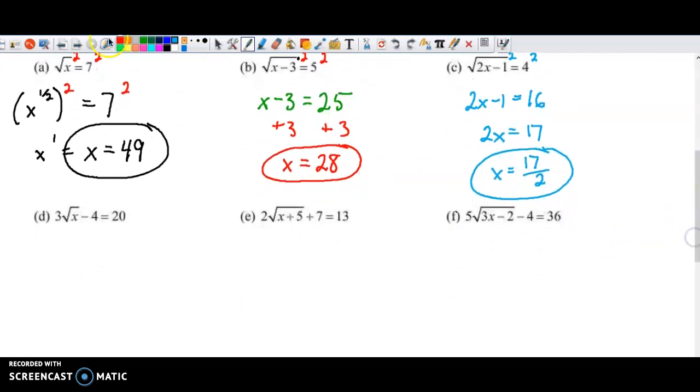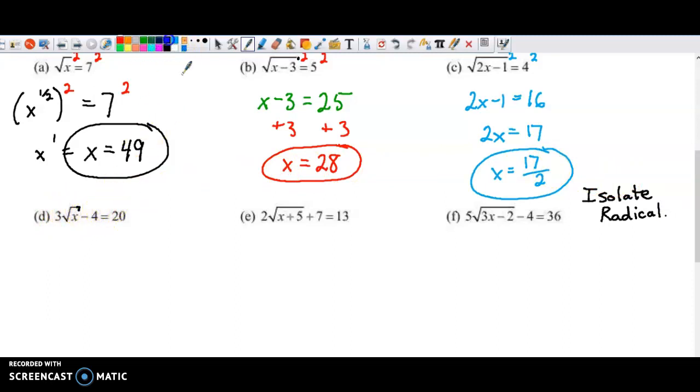Now the next bit is more complicated, and I use the phrase that you want to isolate the square root. Sometimes I use the phrase isolate the radical, because that's what the square root symbol is called. So if you notice, it's just 3 times the square root of x and then minus 4.